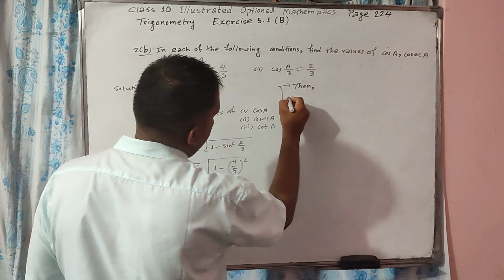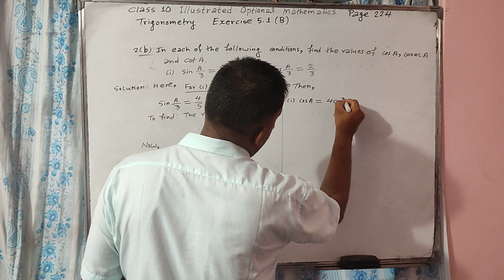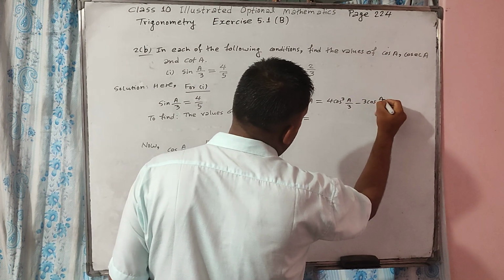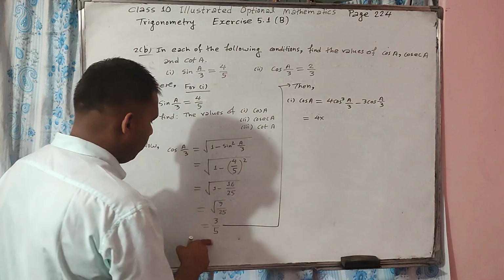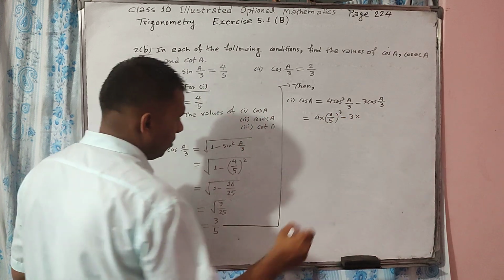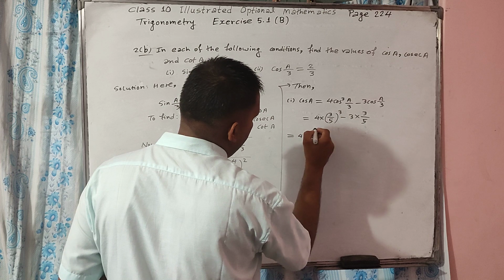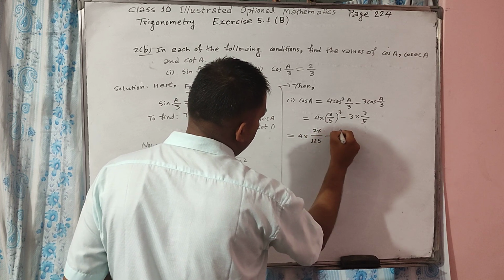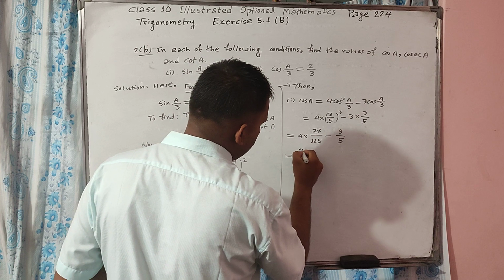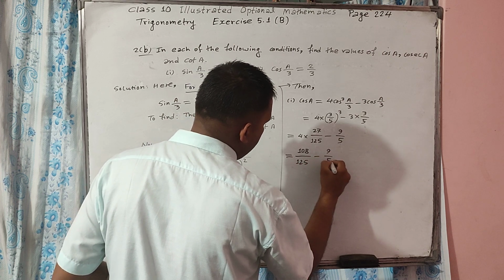Then for 1, cos A. Cos A equal to 4 cos cube A by 3 minus 3 cos A by 3. 4 into cos cube A by 3, that is 3 by 5 whole cube, minus 3 into cos A by 3, 3 by 5, equal to 4 into 27 by 125 minus 9 by 5, that is 108 upon 125 minus 9 by 5.